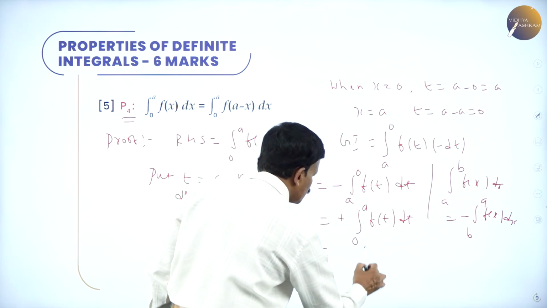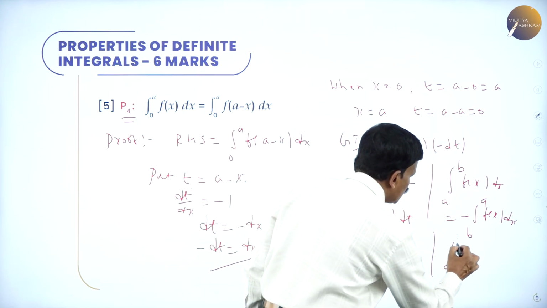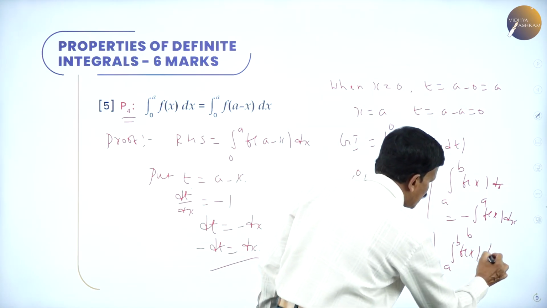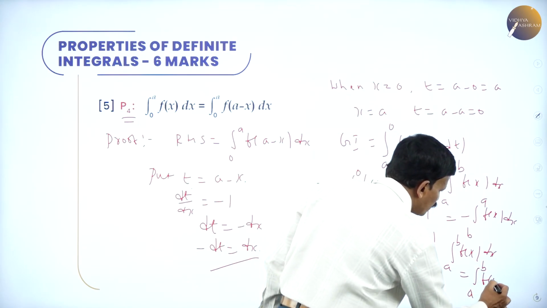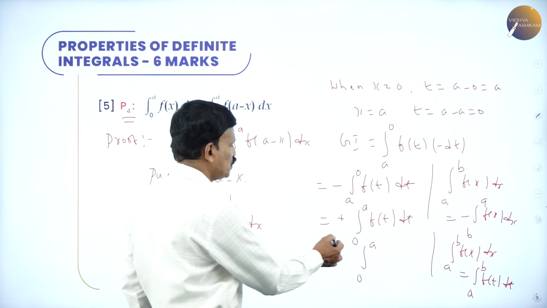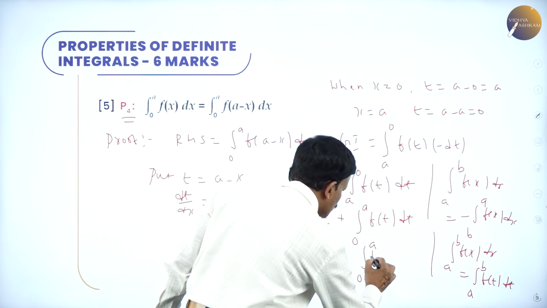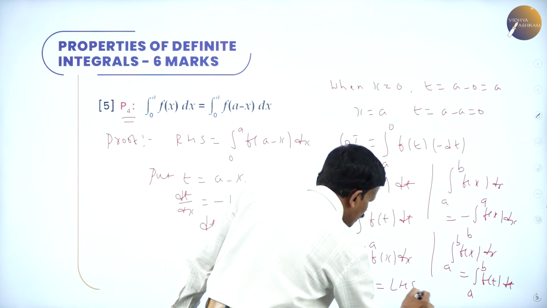Again, according to the first property, if you change the variable, a to b f of x dx is also equal to a to b f of t dt. So 0 to a f of t dt can also be written as 0 to a f of x dx, which is the required LHS.